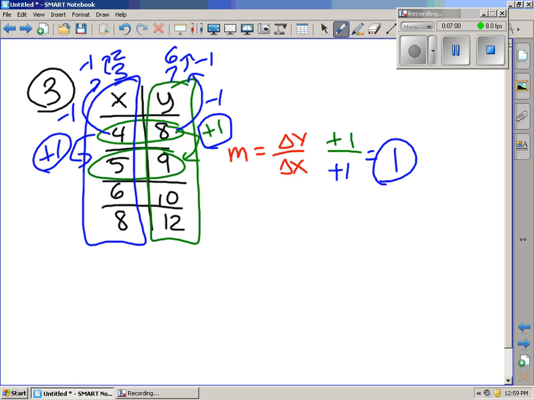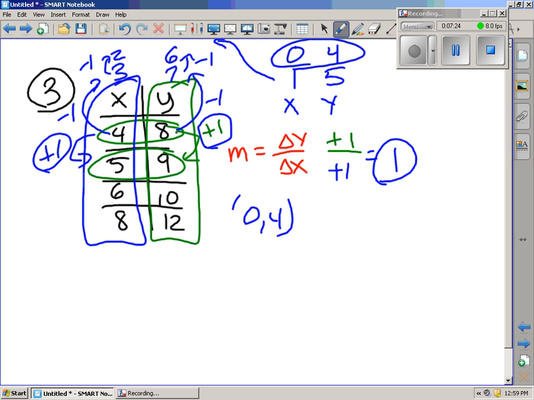Then we go back to 1, and then we go back to 5, then we go back to 0 and x, and we go back to 4. So 0, 4 is the y-intercept. These were the x's, these were the y's. And just picture this over here on top. I just couldn't fit it up there on the screen. So 0, 4 is the y-intercept, which means that b equals 4.